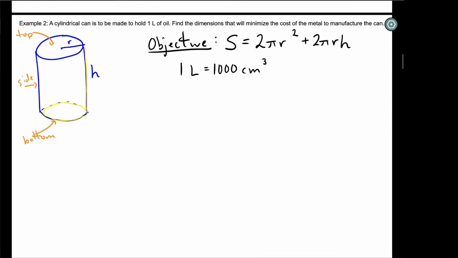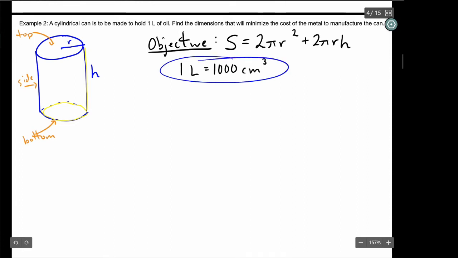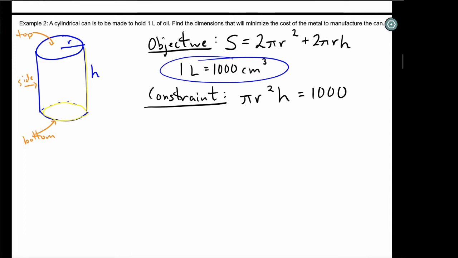So if 1 liter is 1,000 cubic centimeters, then our constraint should be the volume of this can, which has to be 1 liter or 1,000 cubic centimeters. The volume of a cylinder is just the area of the base multiplied by the height. So we get a pretty simple expression here: pi r squared times h equals 1,000.